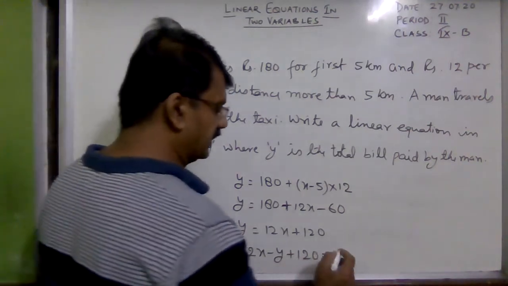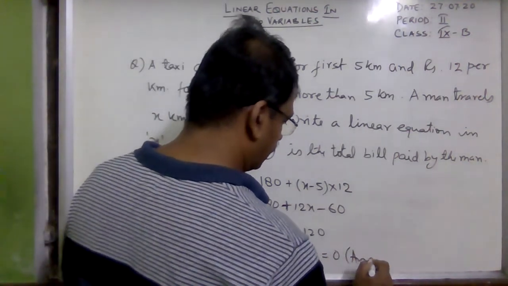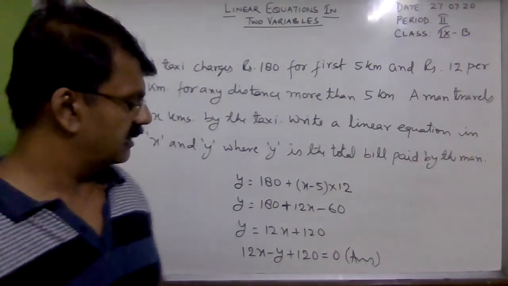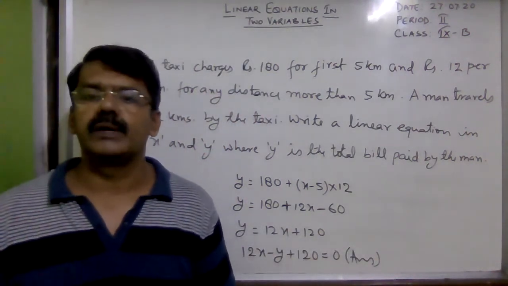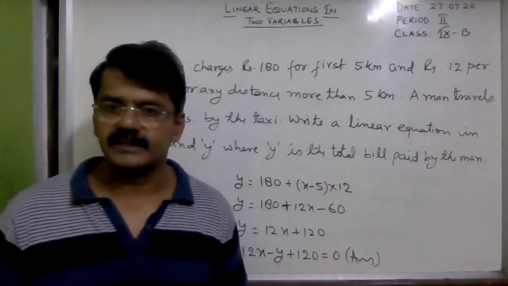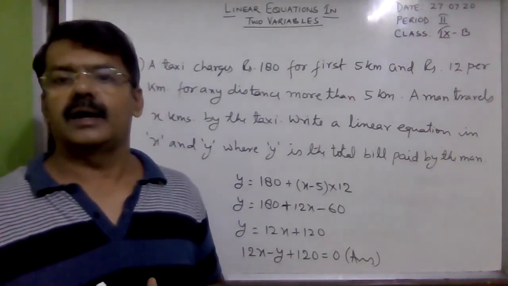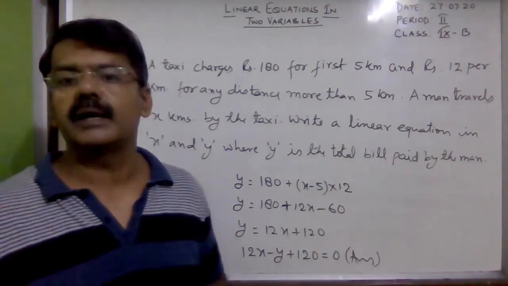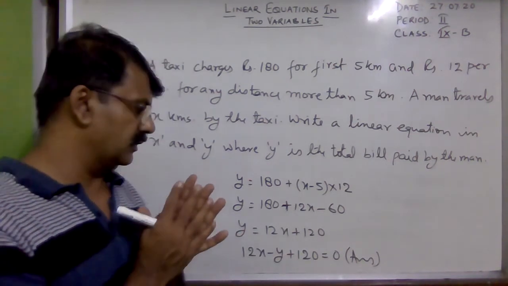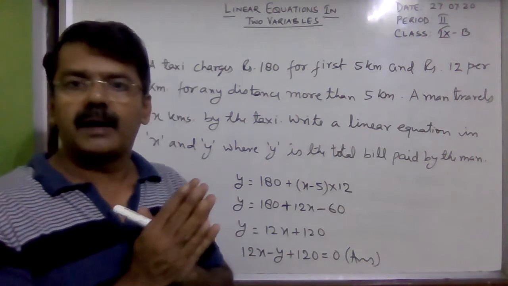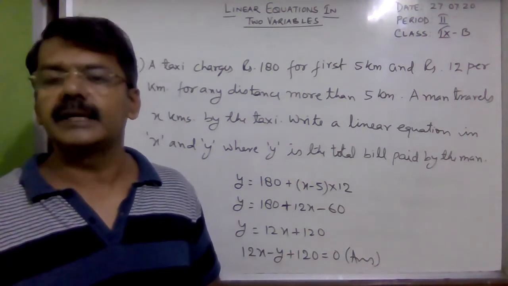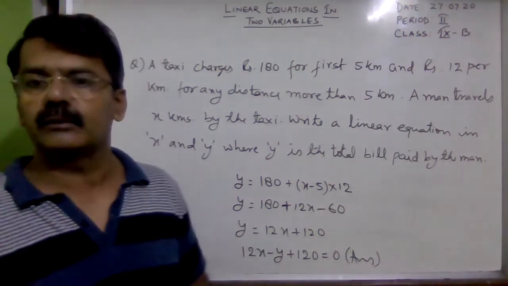The required equation will be 12x minus y plus 120 is equal to 0. So this is the method of forming a linear equation.